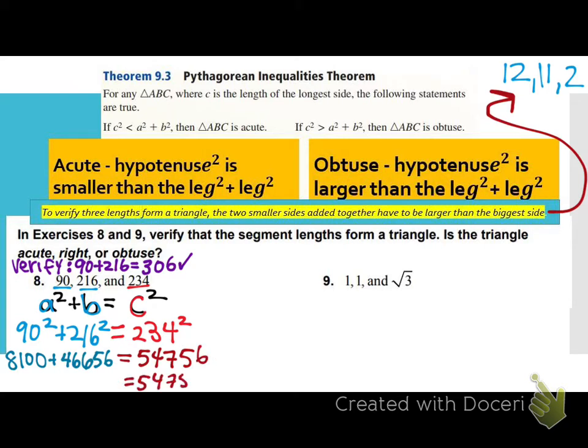So now we combine on the left and then we compare it to the right. Add 8,100 and 46,656, and we get 54,756. So what kind of triangle is this? It is a right triangle.